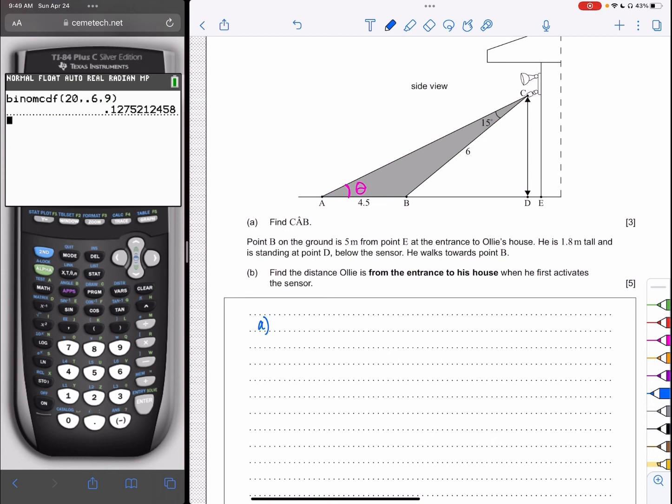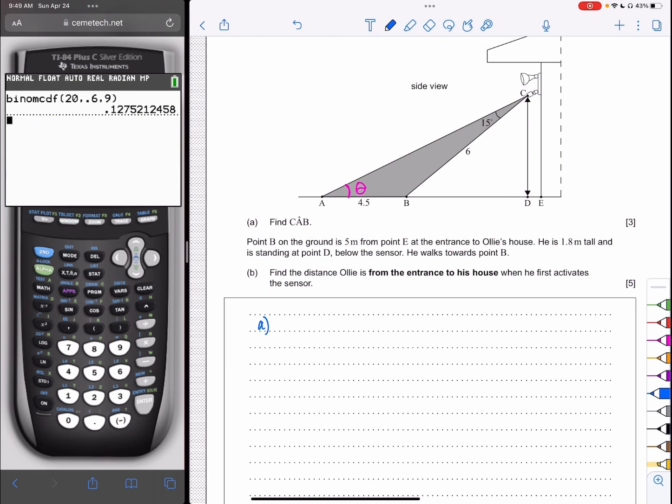When we use the law of sines and law of cosines, always try to use the law of sines first because it's easier. The law of sines basically just says that you have the sine of one angle divided by the side across from it is equal to the sine of another angle divided by the side across from that. As you can see here, I have the angle 15 degrees and I have the side across from it, which is 4.5.